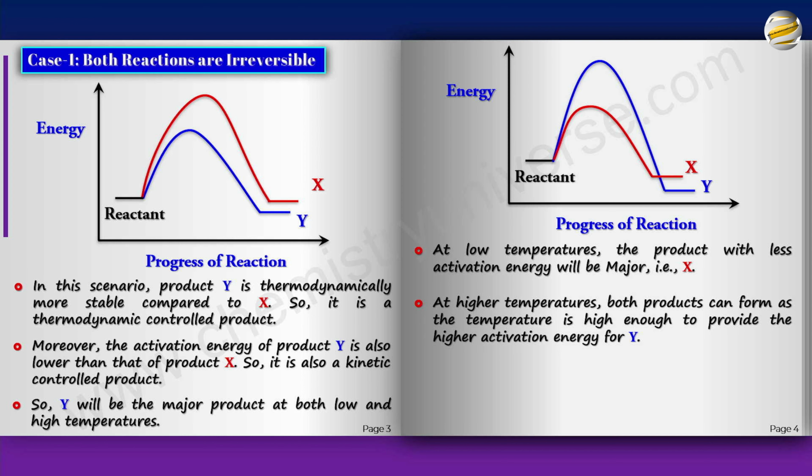And if you remember, K increases as Ea decreases, and K is the rate constant. So lower the Ea, higher is the value of K, which implies that X will anyway form faster than Y.